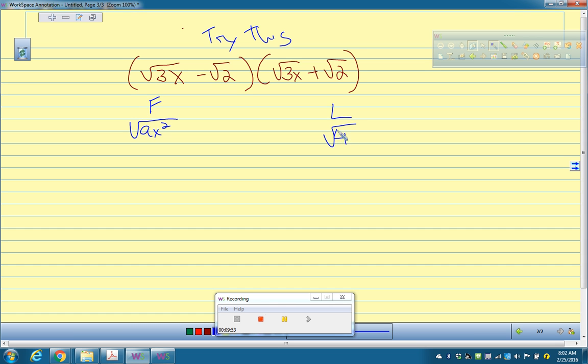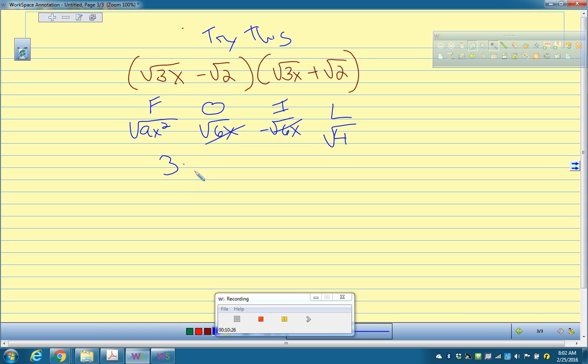The outer term gives you root of 3x times root of 2, which is positive root of 6x. And the inner term gives you negative root of 6x. But what happens here is these things go away, right?